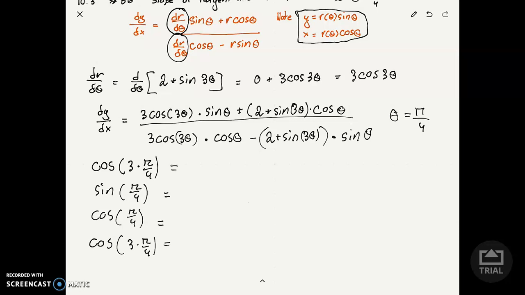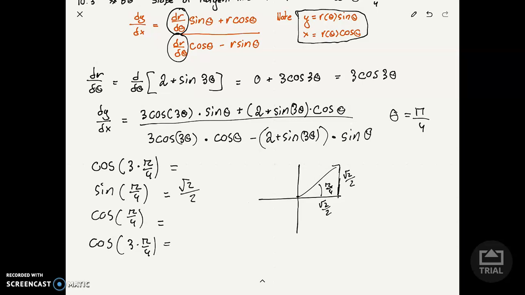Now you could plug that into your calculator in radian mode, or you could use the unit circle, which I'm going to opt to do here. So pi over 4 is one of those common angles anyway, so the cosine component of that is going to be root 2 over 2, and the sine component of that is going to be root 2 over 2.